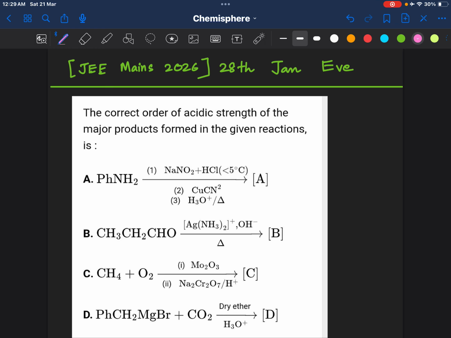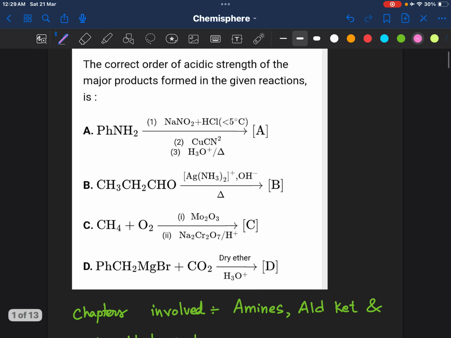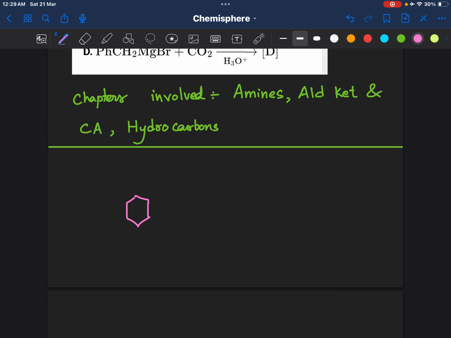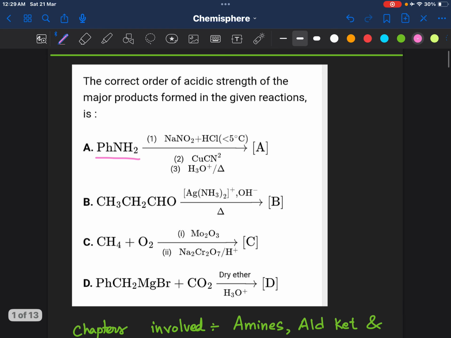So the first one: PhNH2, which is nothing but aniline. Let's look at the reagent. We have NaNO2 plus HCl, and also the temperature is less than 5 degrees Celsius.